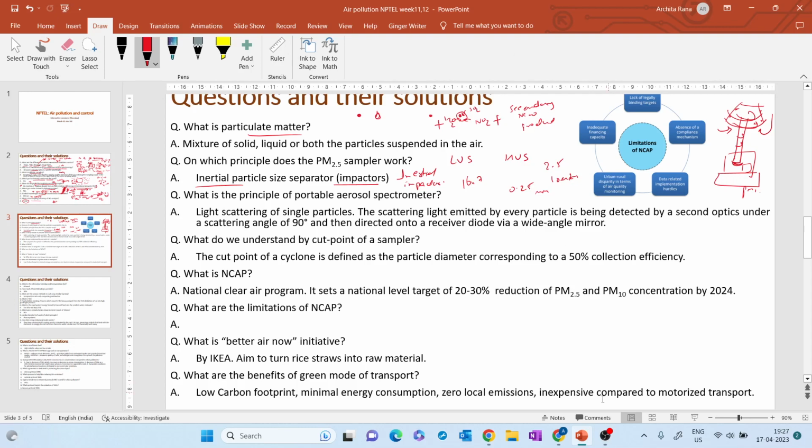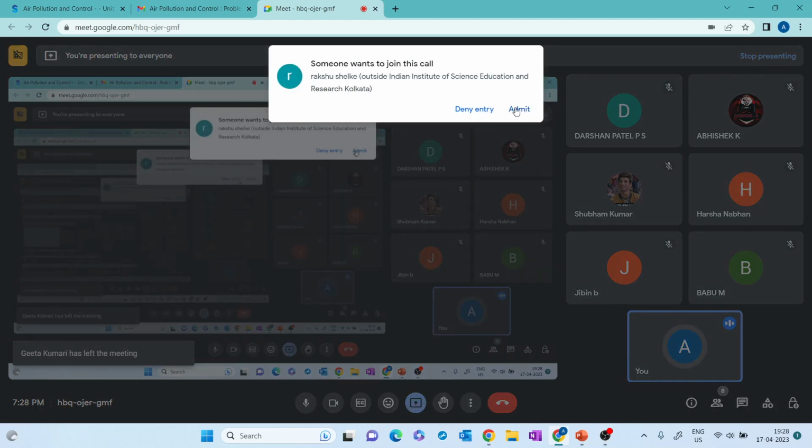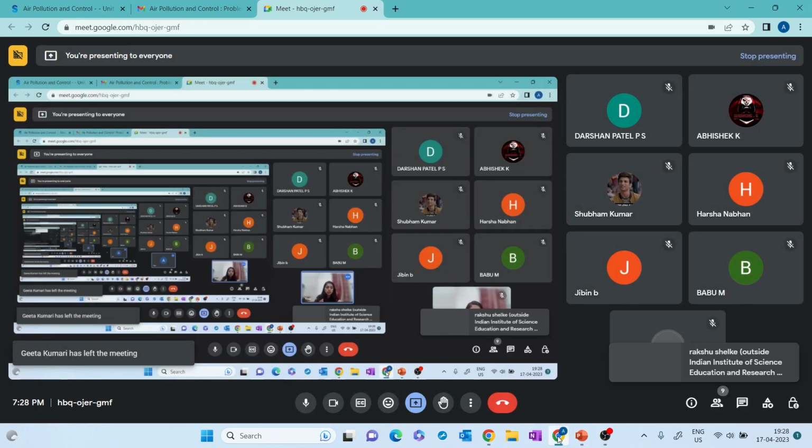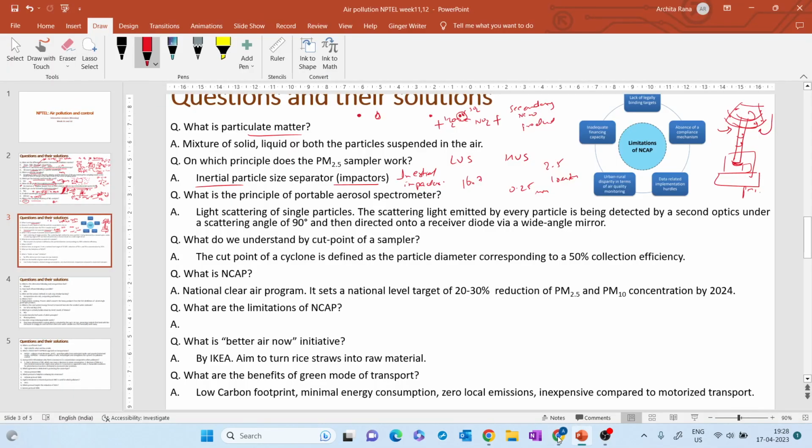Now as it keeps on moving, it collides with the wall, and the particle which loses its inertia falls and collects on this filter plate. So this is the principle, which is inertial impaction.